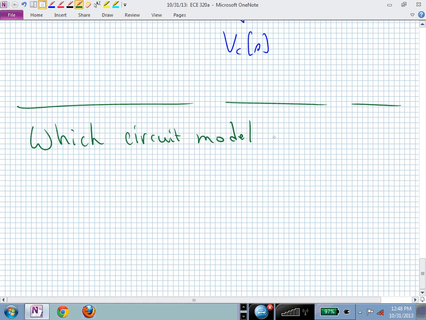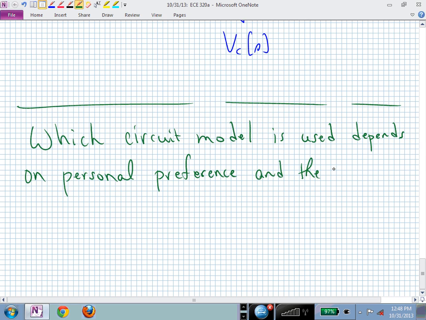Which circuit model is used depends really on personal preference, and on the particular situation your circuit presents to you.